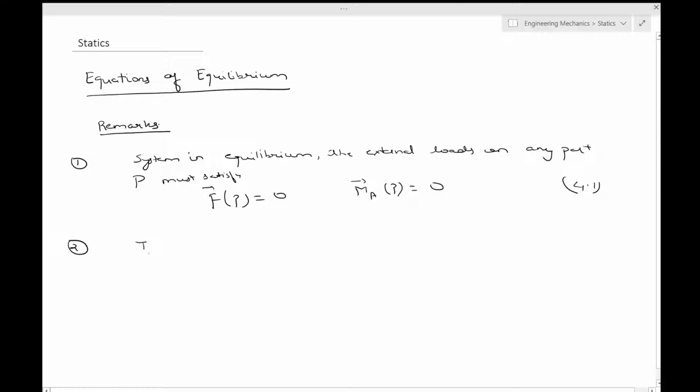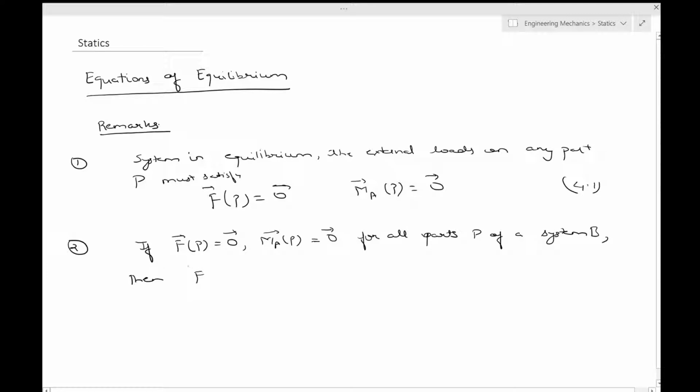So if F of P is equal to 0 as a vector, M_A of P is 0 for all parts P of a system B, then F for this entire body is equal to 0 and M_A for this entire system is equal to 0.